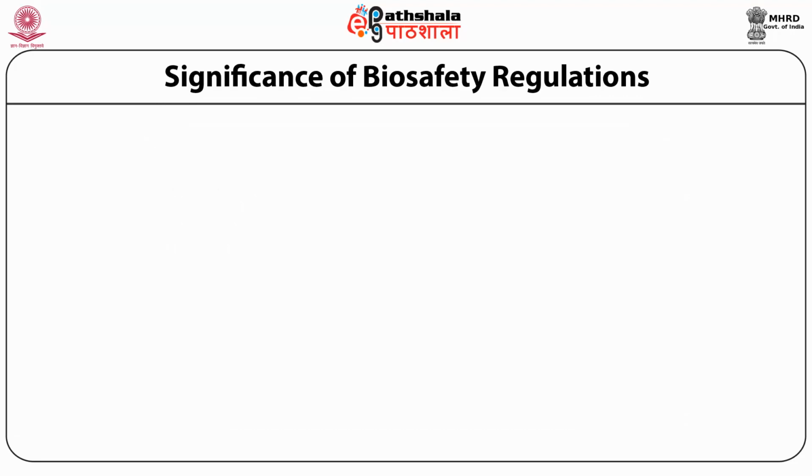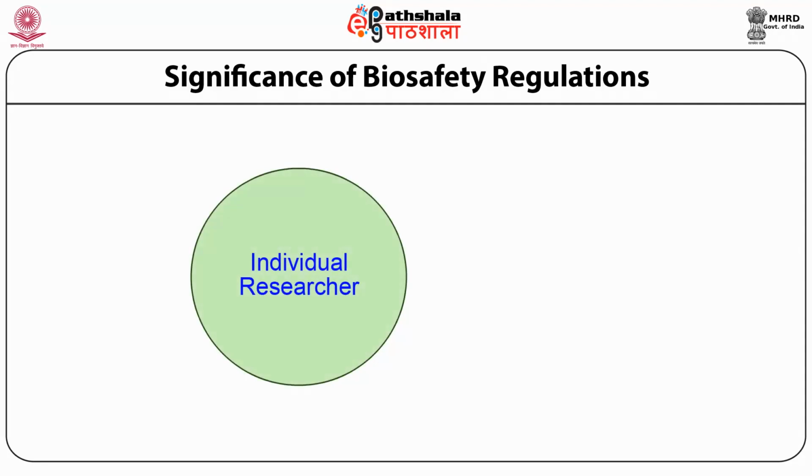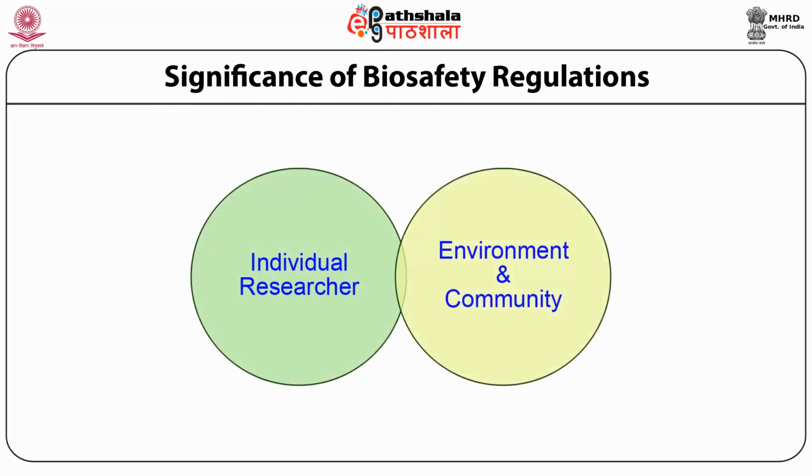We were talking about the biosafety of the individual researcher as well as the safety of the environment and community as a whole. We have also mentioned the administrative controls which are in vogue to ensure the safety of individuals and environment.